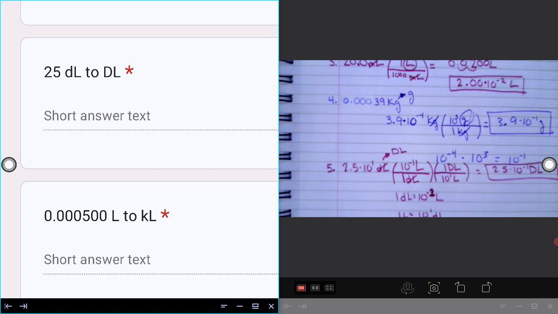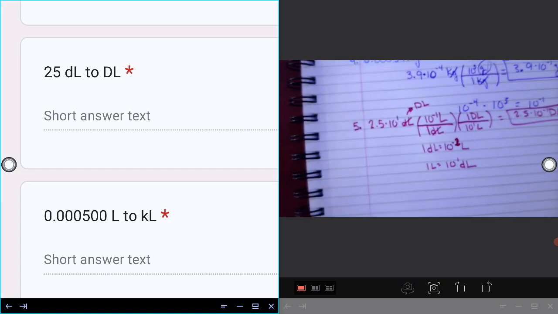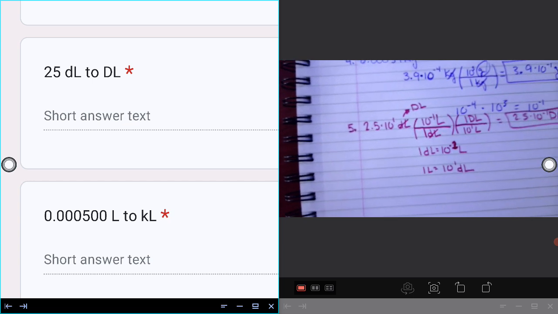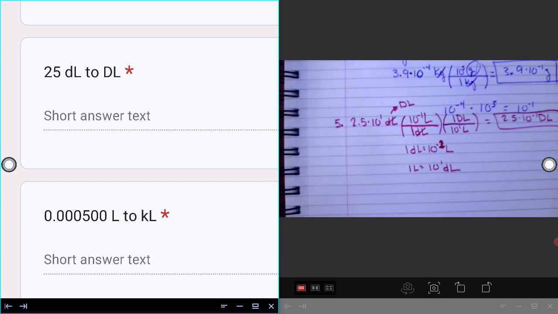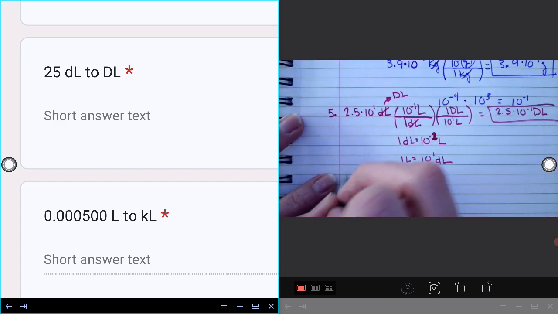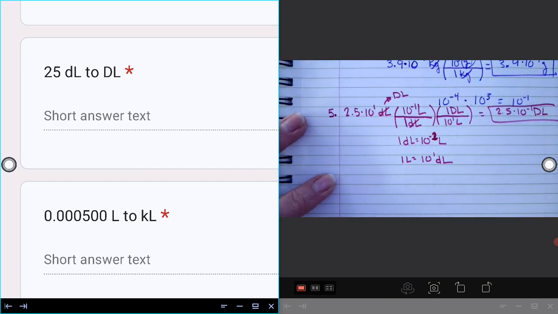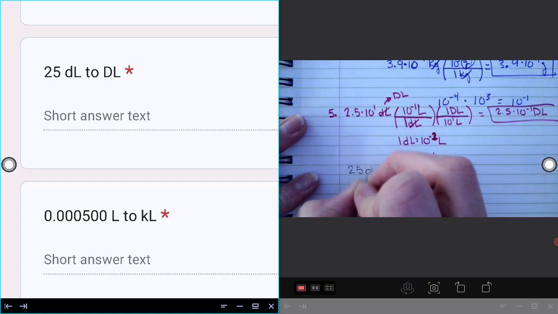So if we were going to do it like normal. So if scientific notation is still something we're practicing and learning and we're not experts on yet, we can stay in standard notation. So it gave it to you as 25 deciliters.